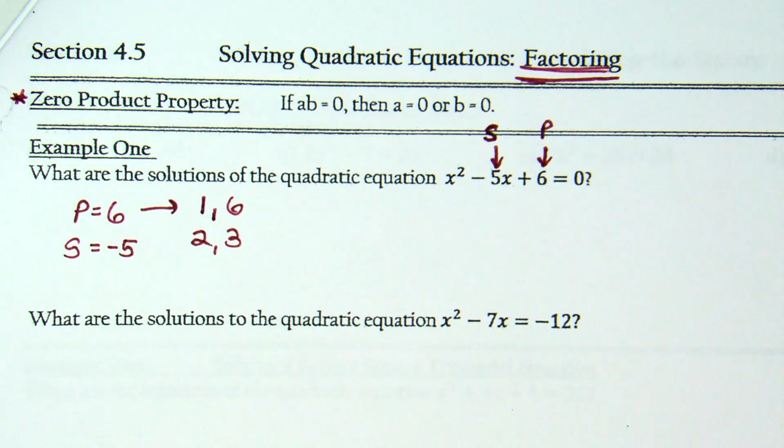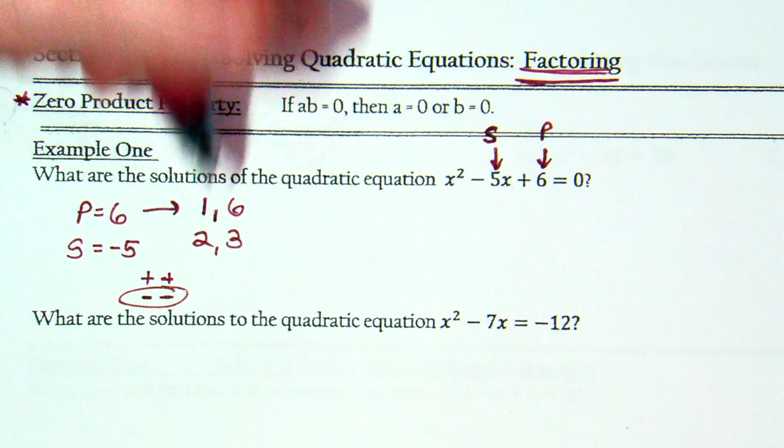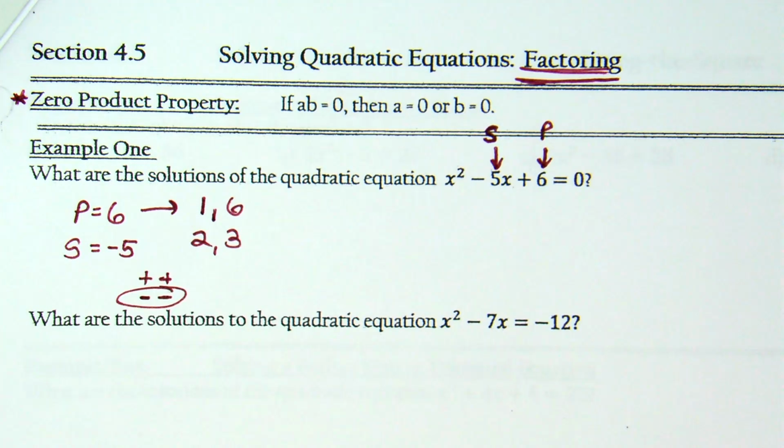I do this in reverse because I don't talk about the signs till later. How is this going to work if it multiplies to be positive? How do we multiply to be positive? It's either 2 positives or 2 negatives. What does it have to be in this case since it adds to be a negative? 2 negatives.